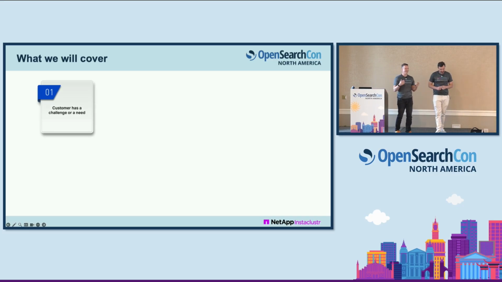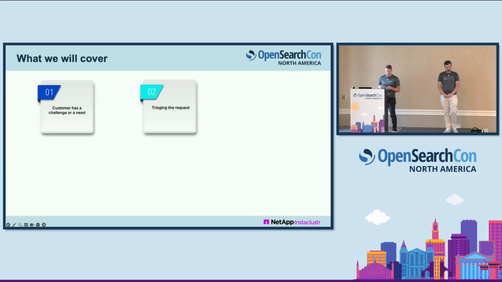Awesome. So over the next 20 minutes, we're going to break this down into about five to six different areas of discussion. First, we're going to talk about what it looks like for us when a customer has a pain point or a challenge, and then the process of going from that to a pull request and having this turn into something upstream. But what happens in between?